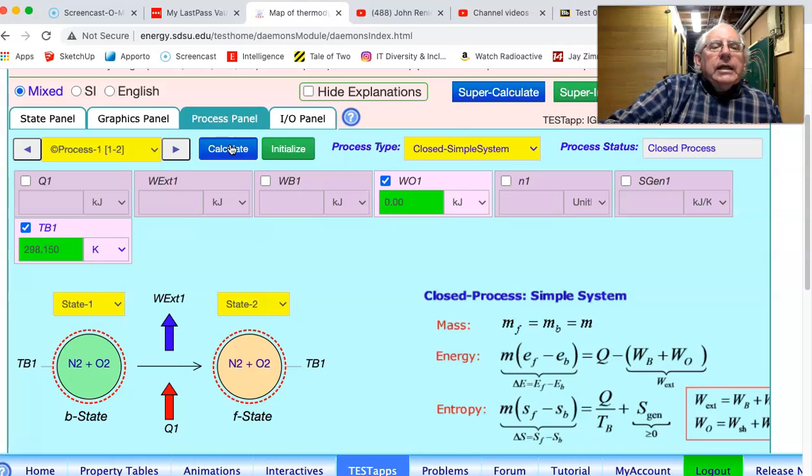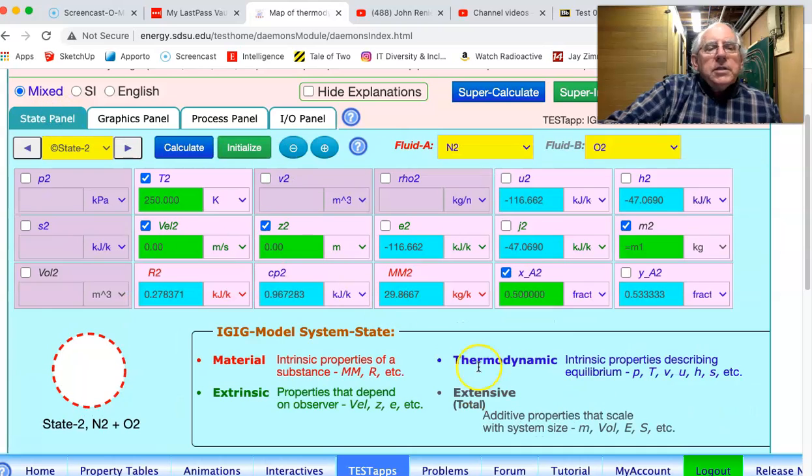We do a calculate here, and let's see, I'm missing something. What am I missing? We know specific volume, total volume, pressure. Oh, I'm sorry, I failed to read the problem fully.